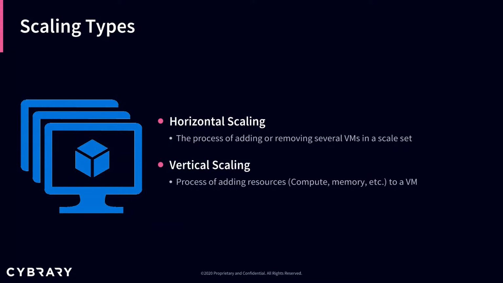So horizontal scaling means the process of adding or removing several VMs in a scale set. Vertical scaling means the process of adding resources such as compute, memory, etc. to a virtual machine. So again, it just depends on the type of application or the type of usage you have for your virtual machine.